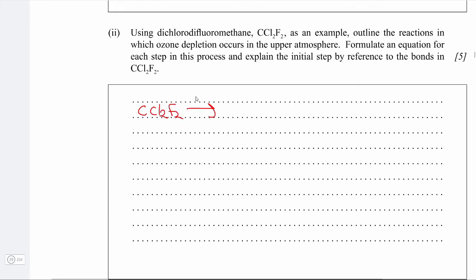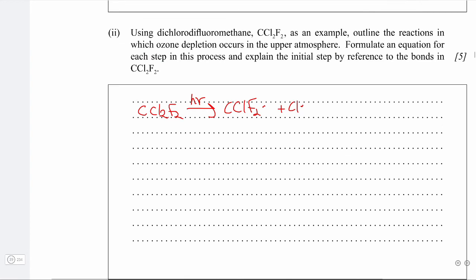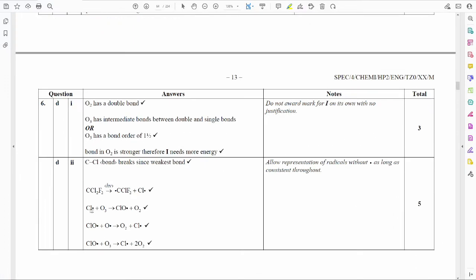So the way to write UV is usually like this. And then you should get something like this, where you have a free radical, chlorine radical, I think. Yep. And this radical then just reacts as ozone depletion usually does.